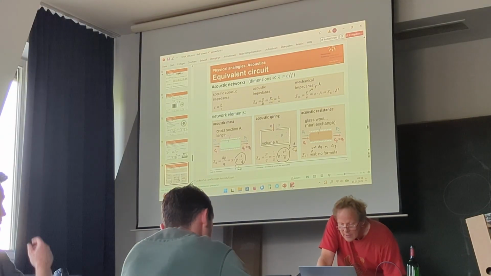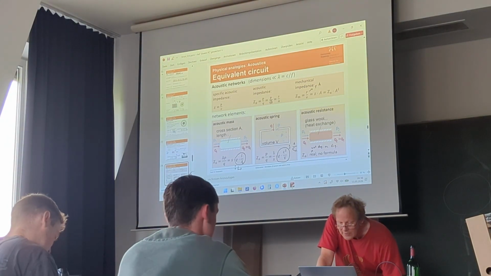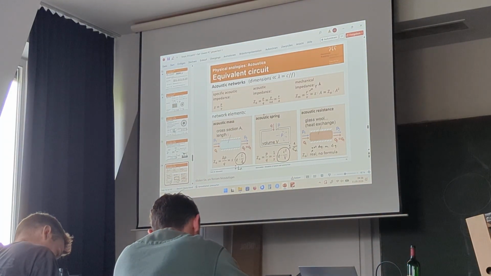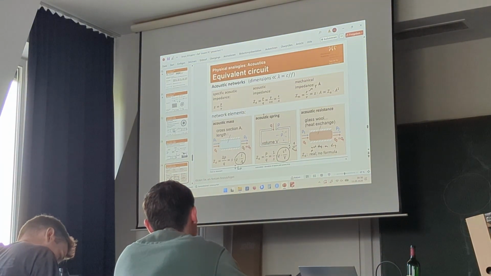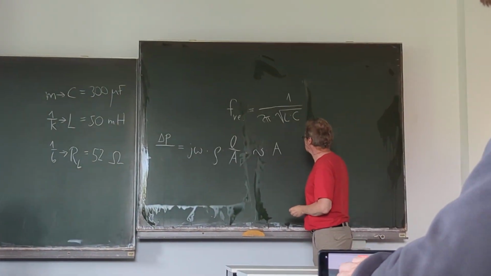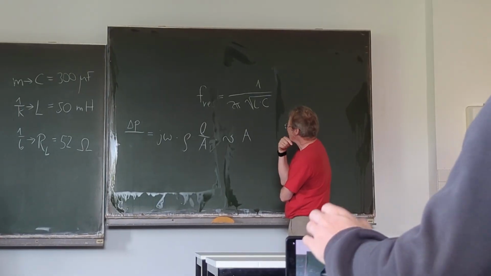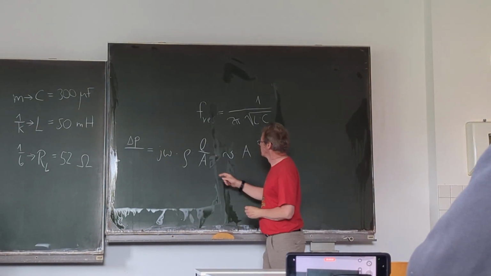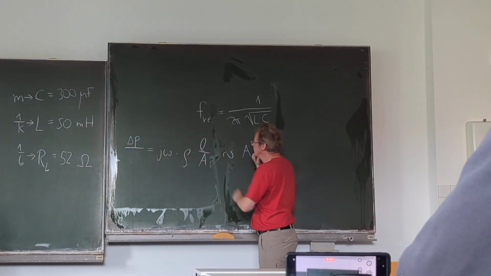And here we can see Q equals velocity times A. So instead of Q, we could write here velocity times cross-section area A.